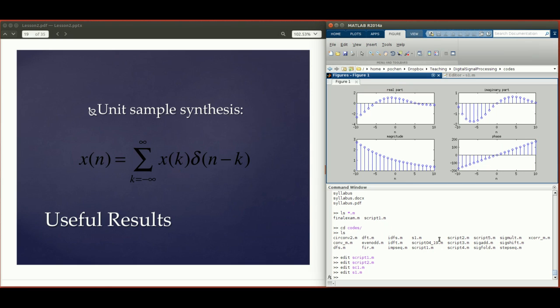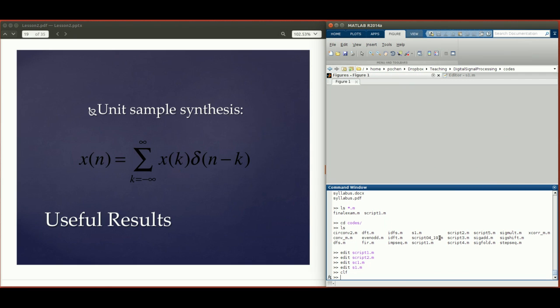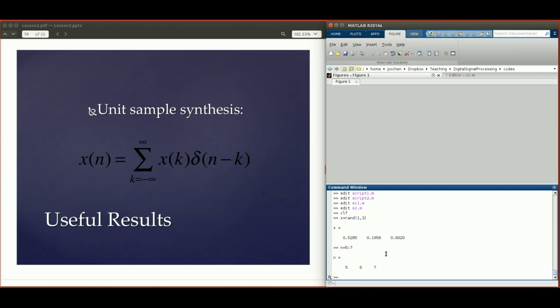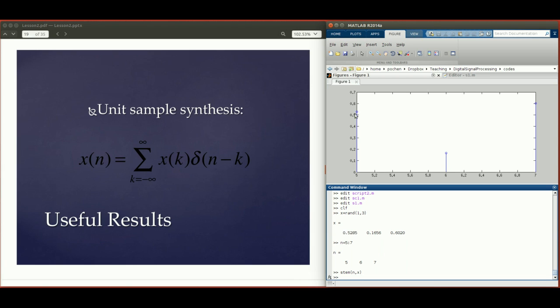I'm going to clear this figure. Let's generate a random sequence, for example x equals a random sequence with one row and three columns, three numbers, and n, the horizontal x-axis, goes from 5 to 7. If we make a plot, it's just three sticks.